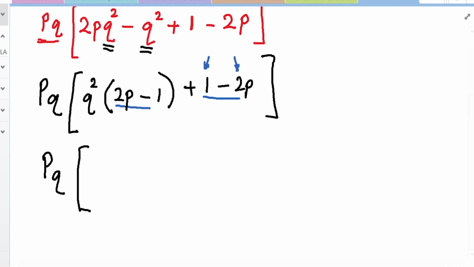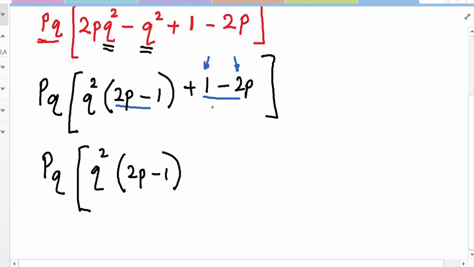So in other words, this is as simple as saying this is q squared into 2p minus 1. Then between this expression and that expression, I'm going to say minus 1. In other words, I'm factorizing out 1: positive 1 divided by negative 1, we remain with negative 1.